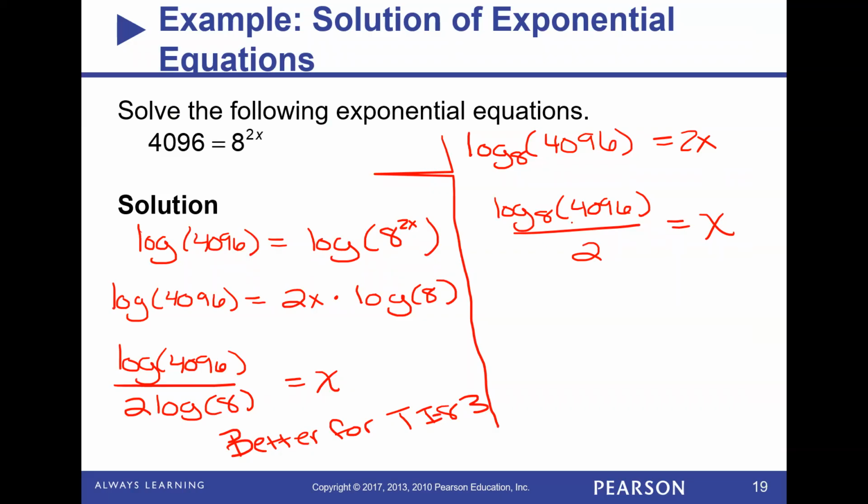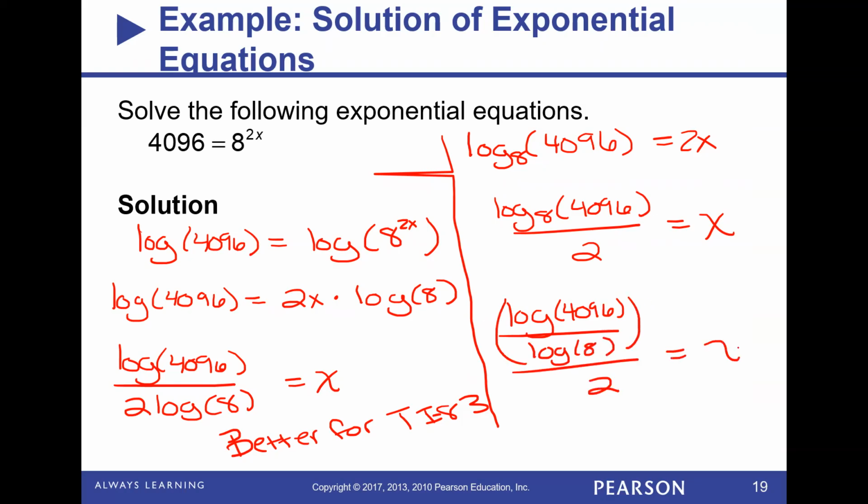Or you'll have to take it this route and remind yourself that this is going to be the log of this divided by the log of this, and then all of that answer divided by 2, which simplifies down to this. This method here would be better for the TI 84s, minus this part.